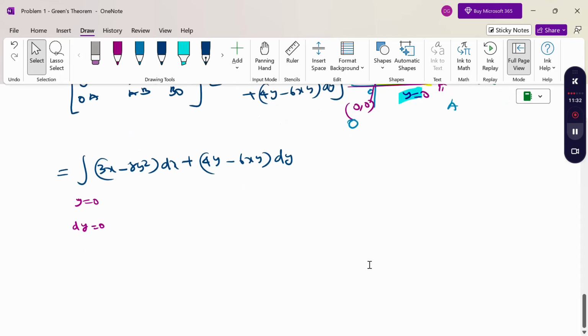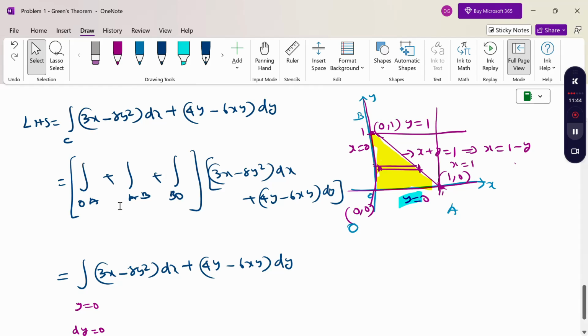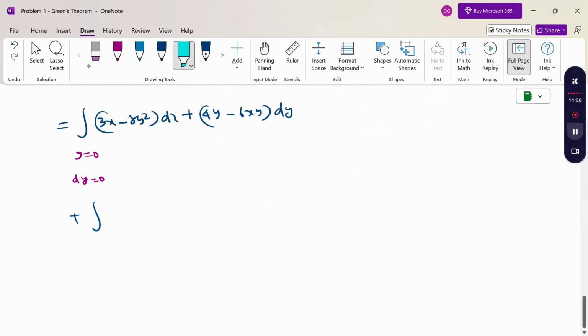Then plus the integral, next A to B. A to B is nothing but x + y = 1, then x = 1 - y. So what is the meaning of this? A to B, x = 1 - y, dx = -dy, to consider this variable.